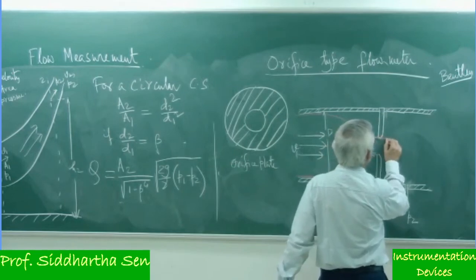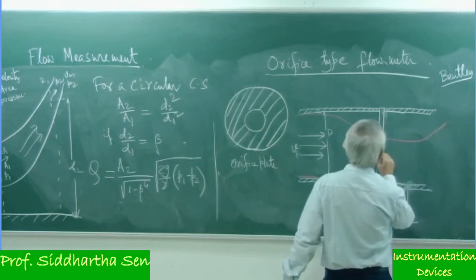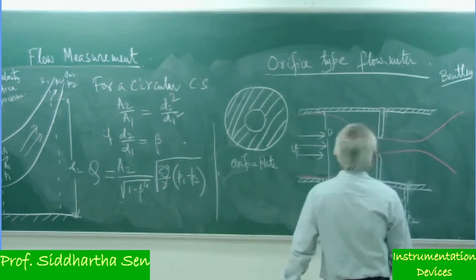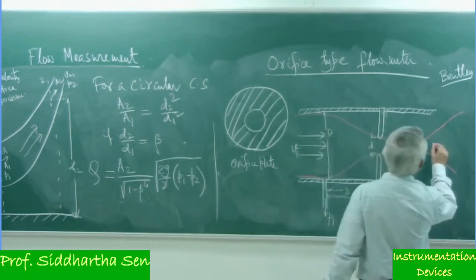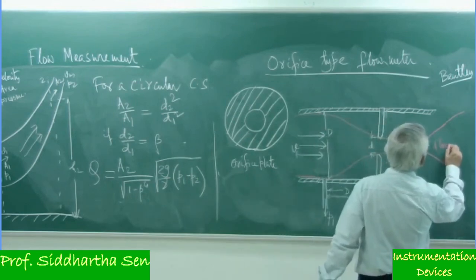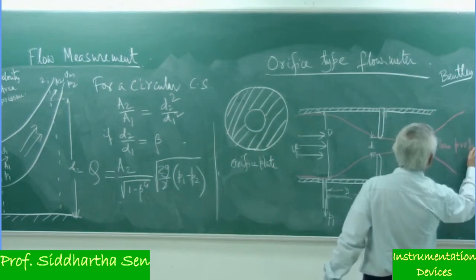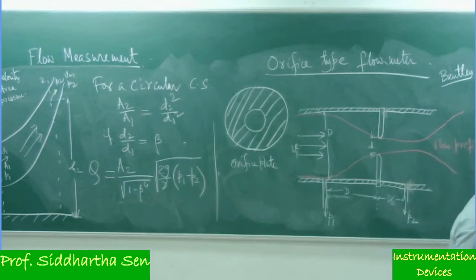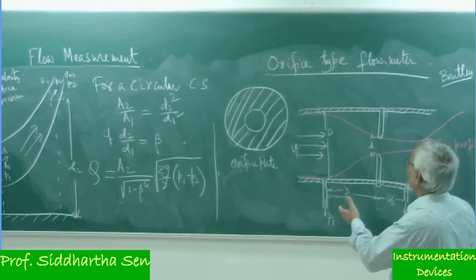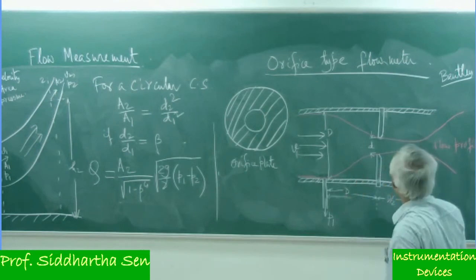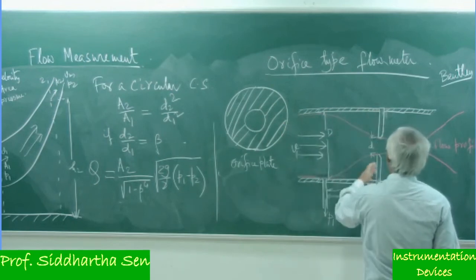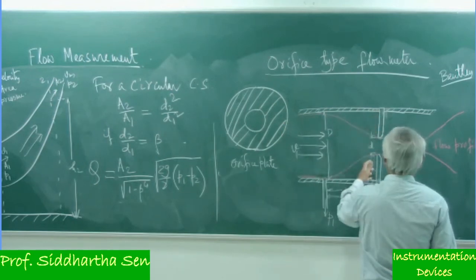After that the flow profile will go like this. So this is your flow profile. That means if you put some colored liquid there and the pipe is transparent, and try to see it with the naked eye, you will find that the area cannot change drastically suddenly.